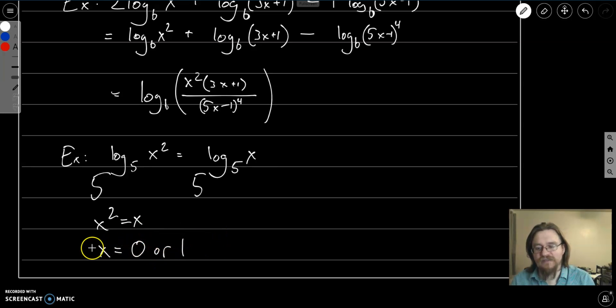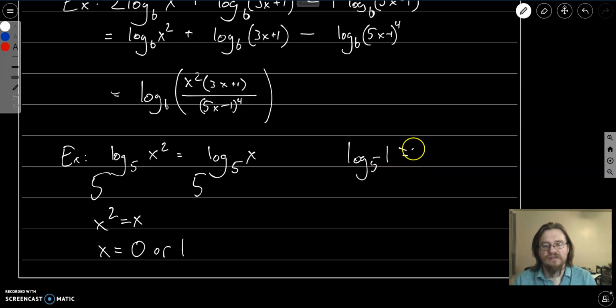And again, it's important to check your solutions. If we plug in 1, log base 5 of 1 is always 0. Log base anything of 1 is 0, since anything to the 0 power is going to be 1. However, log base 5 of 0 does not exist.